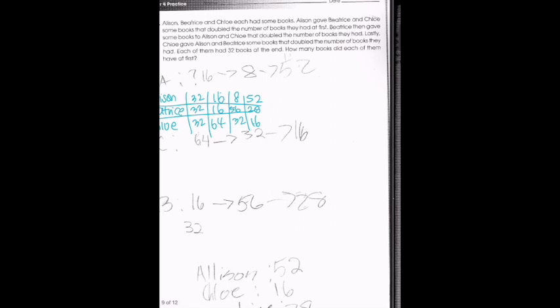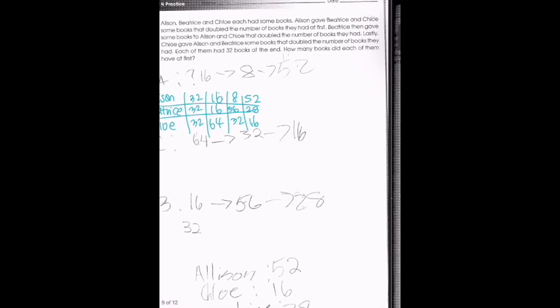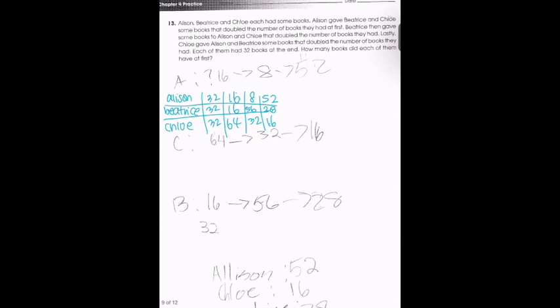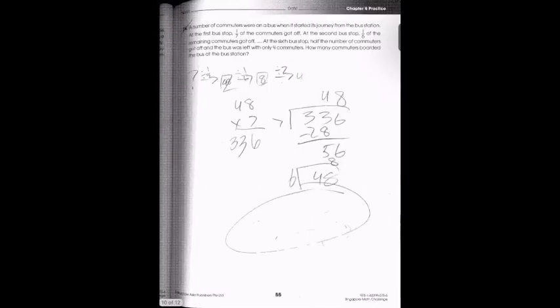Because in the beginning, Allison gives Beatrice and Chloe some books that double the number they had at first. For Beatrice and Chloe, it doubled: 16 to 32 and 28 to 56. So in the beginning, Allison started with 52 books, Beatrice started with 28 books, and Chloe started with 16 books. Now we're going to look at the next page.